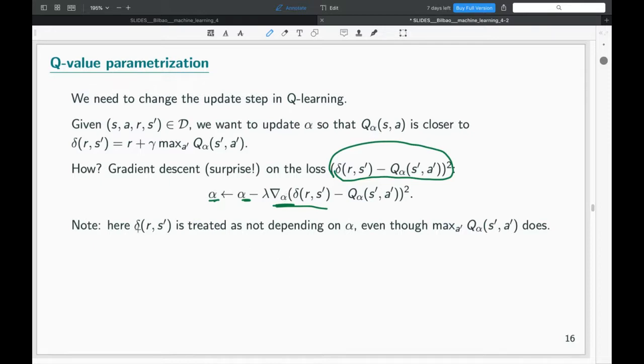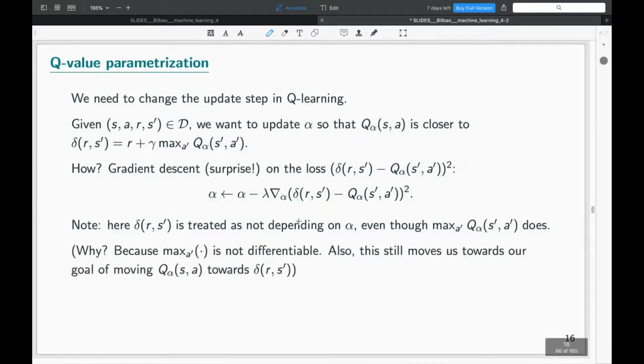And just a small note, remember that in delta, alpha appears, but it appears inside a maximum, and maximum is not differentiable. So in this expression here, this delta is treated as a constant, even though there's an alpha.